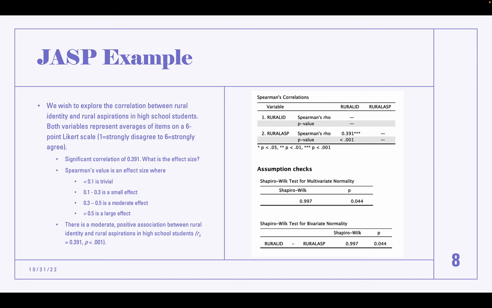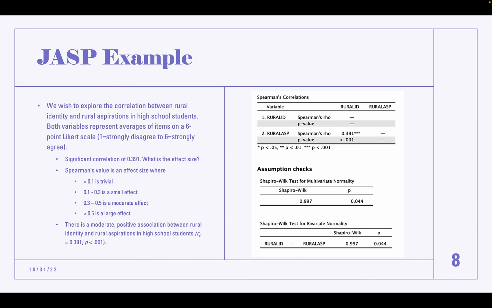And yes, we can interpret the Spearman's value as an effect size, very similarly to how we did Pearson's correlation, where less than 0.1 is trivial, 0.1 to 0.3 is a small effect, 0.3 to 0.5 is a moderate effect, and greater than 0.5 is a large effect. All right, and so here we would say there is a moderate positive association between rural identity and rural aspirations in high school students, and we would report that Spearman R as well as the p-value.